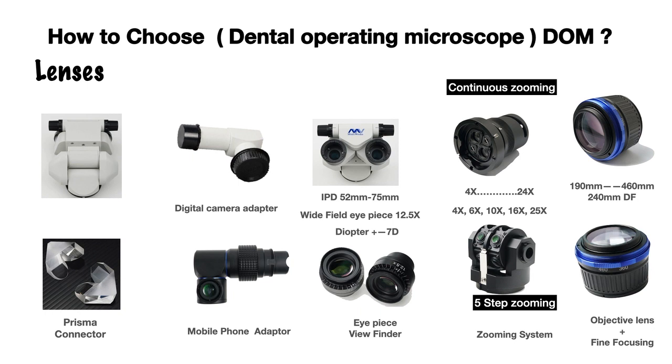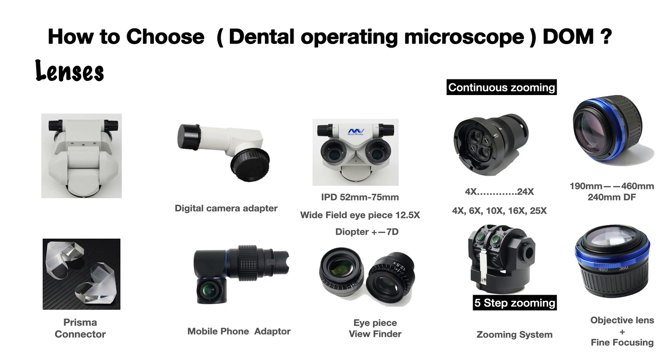And finally we have the lenses, which is the prism. All these parts contain lenses or glass inside, so we should choose a high quality company, because it will give you a sharp, bright image.